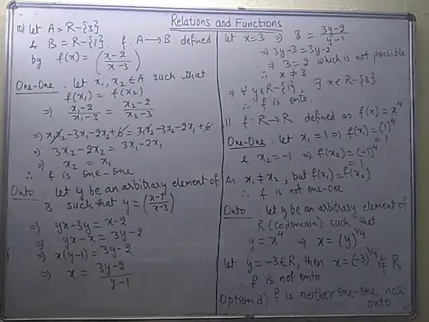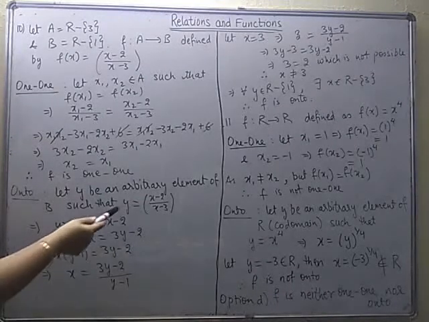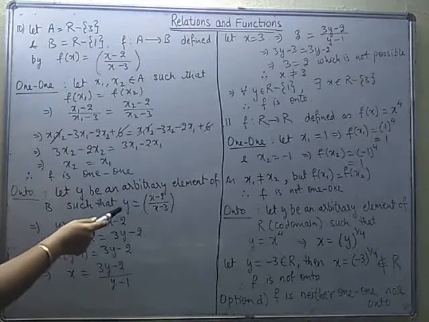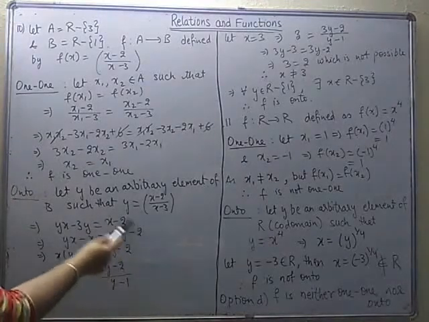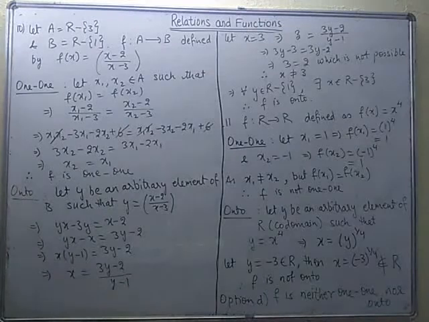If yes, then it becomes an onto function. So y is an arbitrary element from B such that it is the image of x, so y is equal to (x minus 2) over (x minus 3). On further solving it, x comes out to be (3y minus 2) over (y minus 1). All simplification we have done here, you can see, by cross multiplying the terms and then further simplifying the equation.